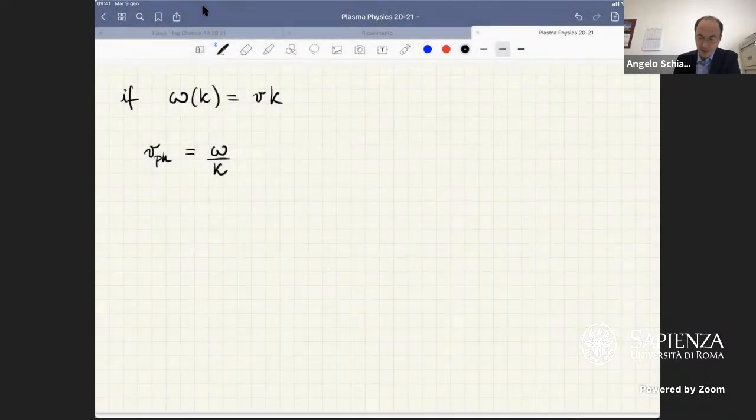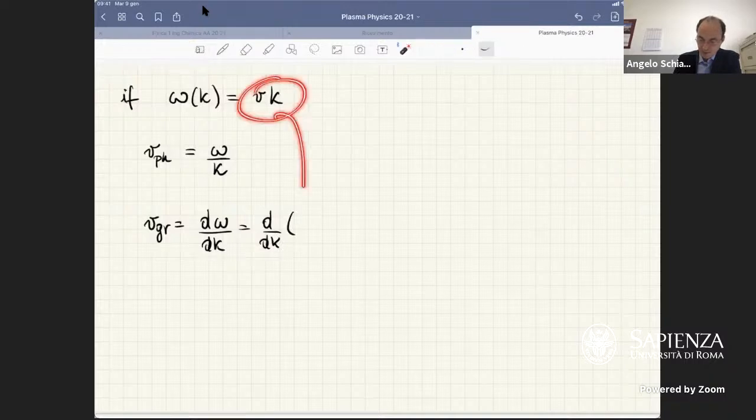And let's compute the group velocity. V group is equal to d omega over dk, so the derivative with respect to k of v times k, which is equal to v.